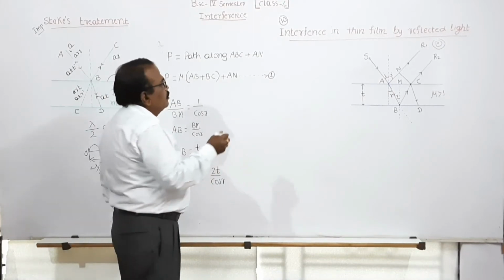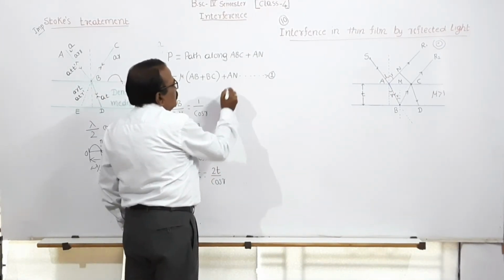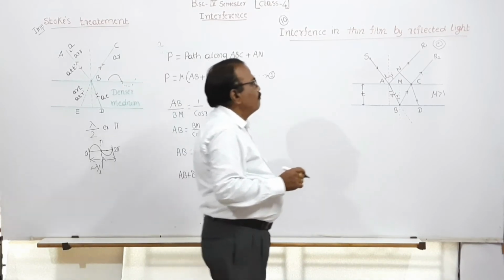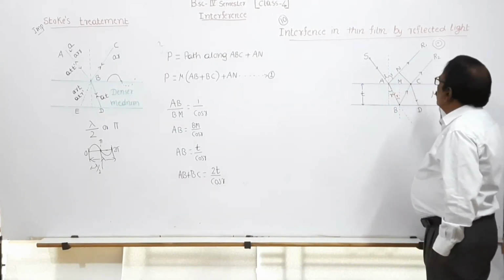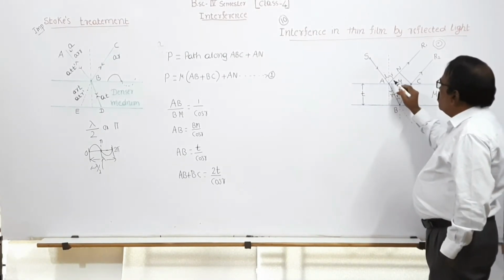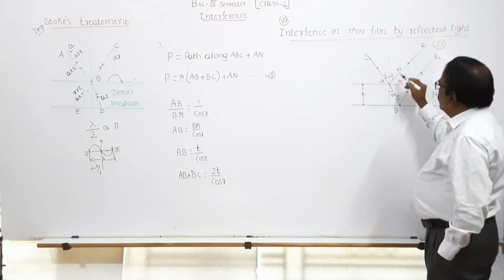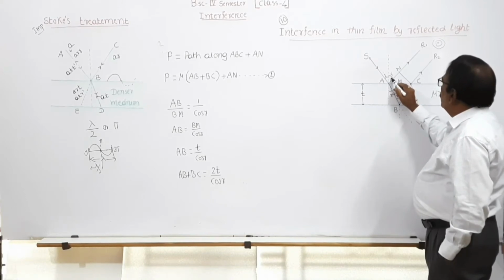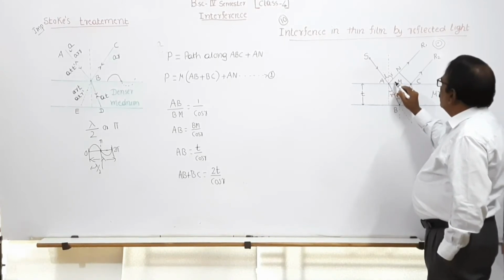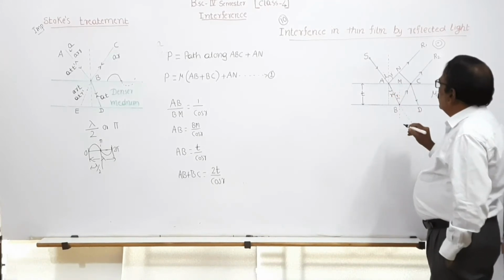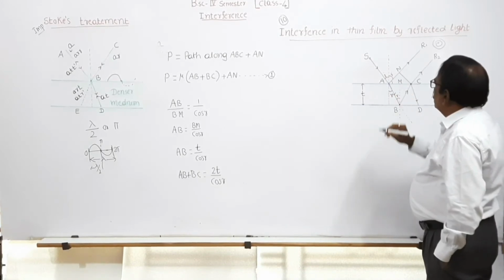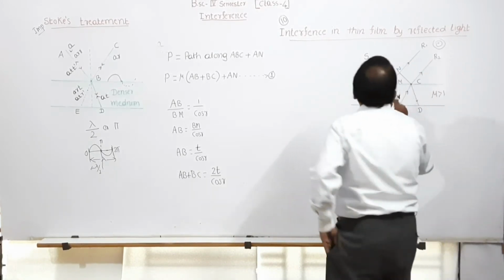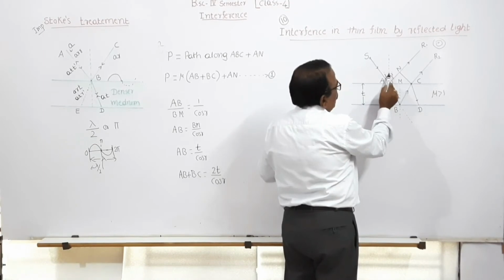Next, you have to find what AM is. See here, this angle I and this angle total 90, so this angle becomes 90 minus I. See, follow, this is the right angle triangle.